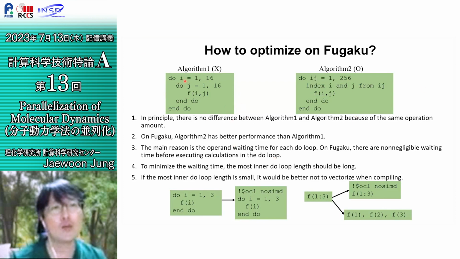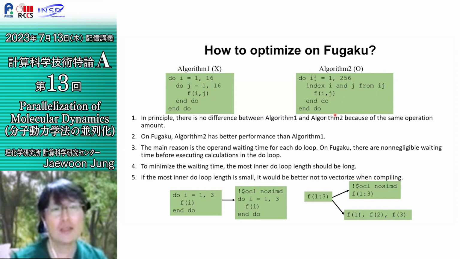Here, we make atom particle indices I from 1 to 16, and another J index from 1 to 16, and evaluate Fij. In the other algorithm, these two IJ loops are combined into one, making indices from 1 to 256. In principle, there should be no difference between these two algorithms. But we found that on Fugaku, this algorithm has a better performance.